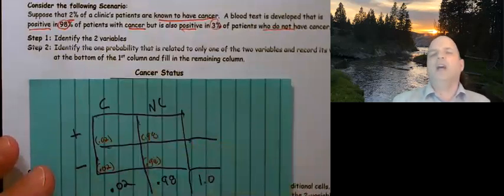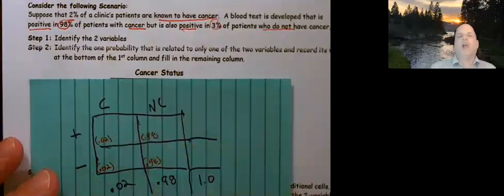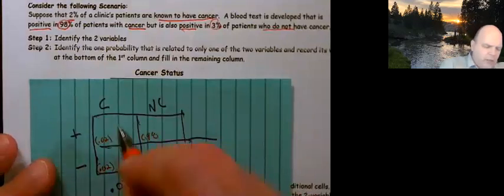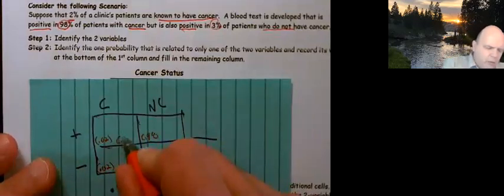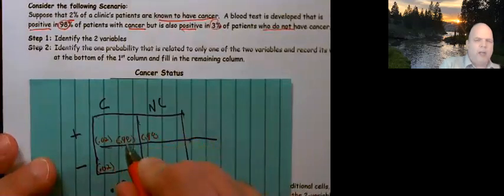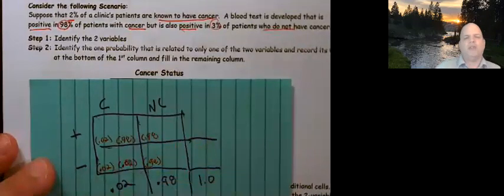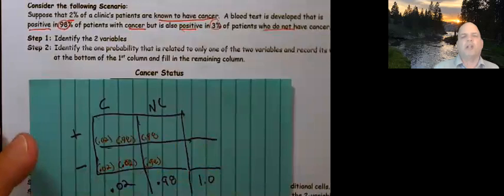A blood test, I can't see my question, thank you. A blood test is developed that is positive in 98% of the patients with cancer. So positive with cancer is right here. 1 minus 0.98 is 0.02. By the way, it just happened that these are the same numbers. Normally they won't be, it just happened to be in this particular case.